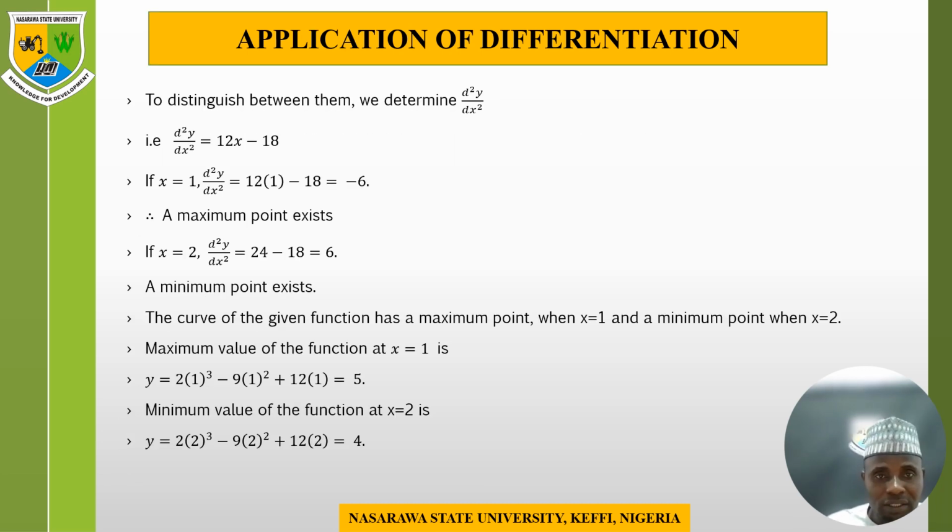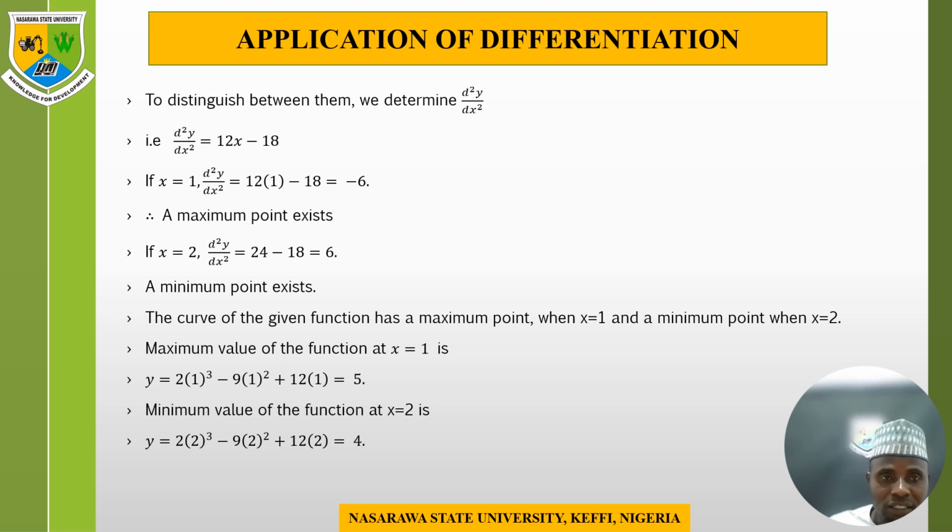So to distinguish between them, we determine by finding the second derivative of the function as we differentiated it earlier. When you differentiate for the second time, we have this result.